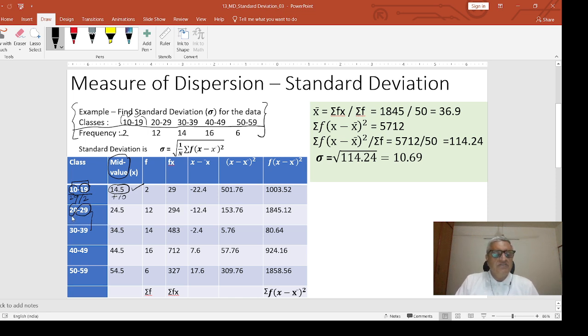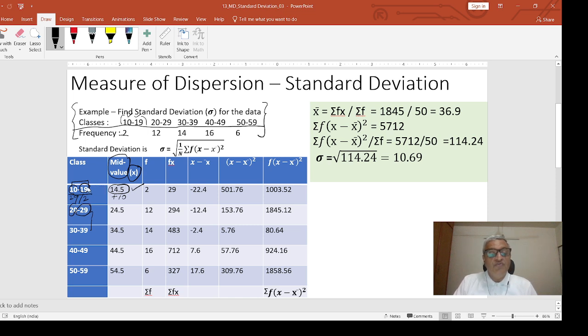This is one way to find it. The second way is 20 plus 29 divided by 2, 30 plus 39 divided by 2, 40 plus 49 divided by 2. So this is another way to find the mid value. Once you get the mid values, they are your x values, because we really don't know what values are actually taken by the data elements between these classes.